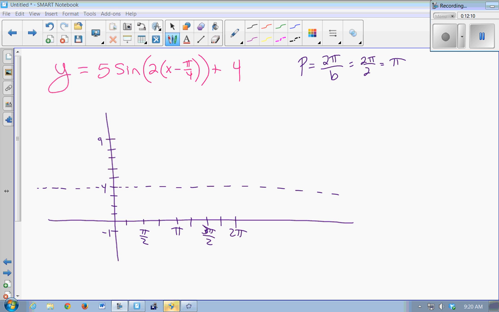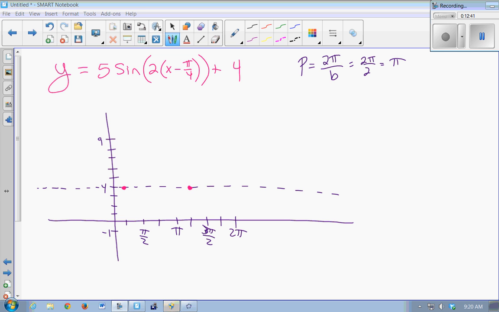All right, so the sine function typically starts at its midline and goes up. In this case, we have a shift to the right of pi over 4. So instead of starting at 0 at its midline, I'm going to start at pi over 4. And then if the period is pi, exactly pi units later, it's going to be back at its midline.